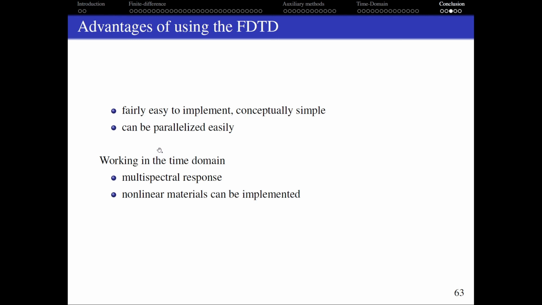And since we work in the time domain, we have a multispectral response in our calculations, and this is very convenient because you basically compute everything at once. Also, since we work in the time domain, that means we can work with non-linear materials. So that implies nanolasers, some semiconductors that have atomic levels, and so on.